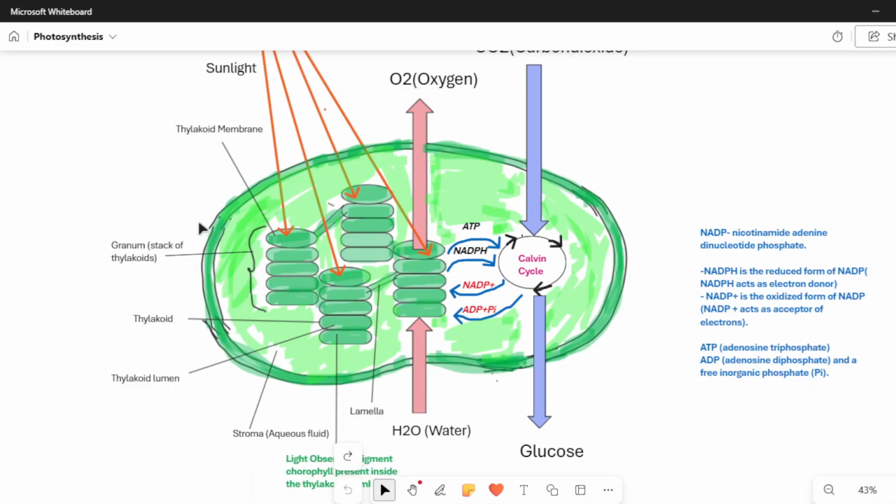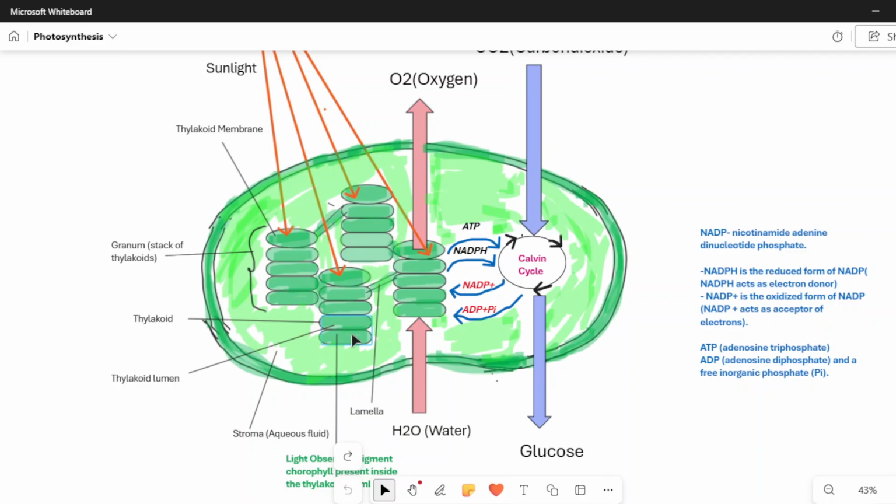So now if you see these parts inside this chloroplast, these disc-like structures are called thylakoids, and the liquid inside this thylakoid is called thylakoid lumen, and the membrane surrounding this thylakoid is called thylakoid membrane, and this stack of thylakoids, see they are stacked, these all together are called granum, and the tube connecting the granums is called lamella, and the liquid filled inside this chloroplast is called stroma, which is an aqueous fluid.